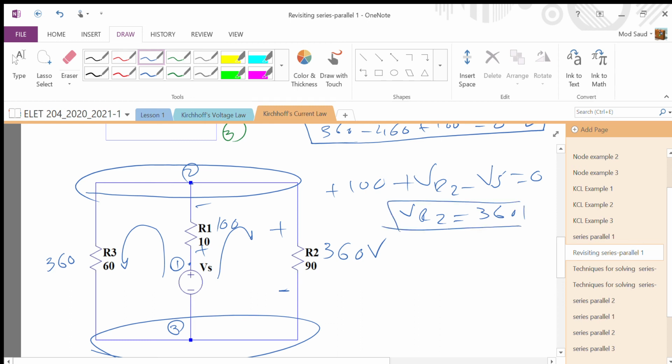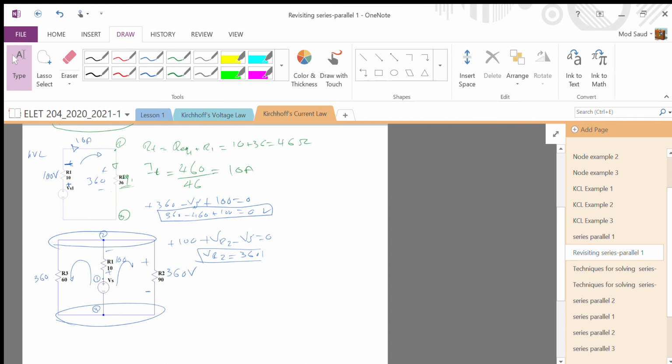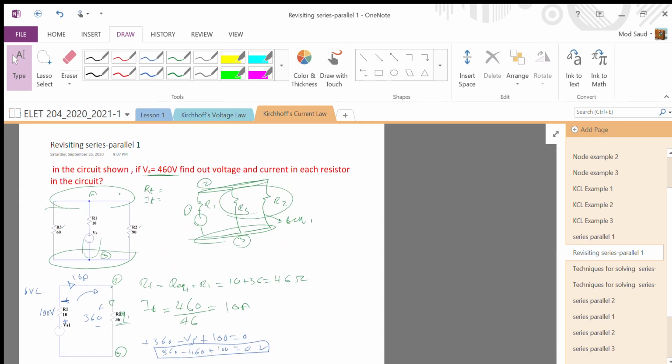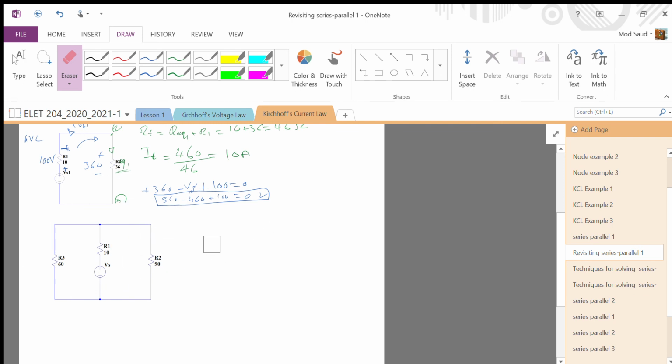What I want you to keep in mind when you look at the original circuit, or even this one, which is less messy without my handwriting: the voltage at these 2 points is the same as the voltage across R3.